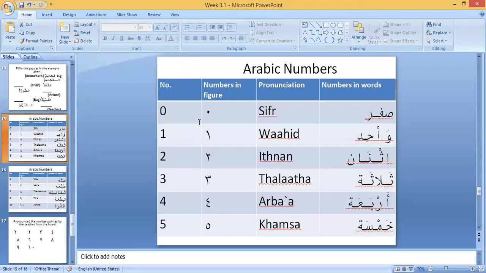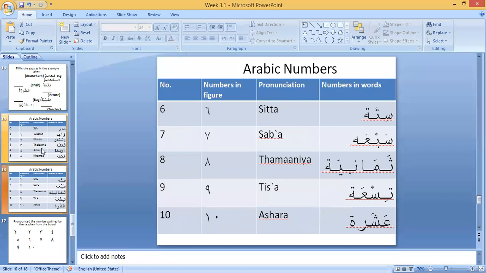Yes, Asia. 0 1 2 3 4 5 6 7 8 9 10. Sitta, you see, it is double T here. Sitta, it has a shadda on the top. Yes, you say sitta. Good, well done.